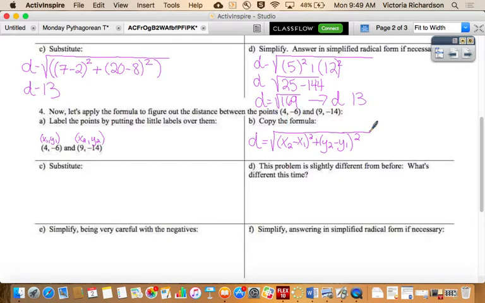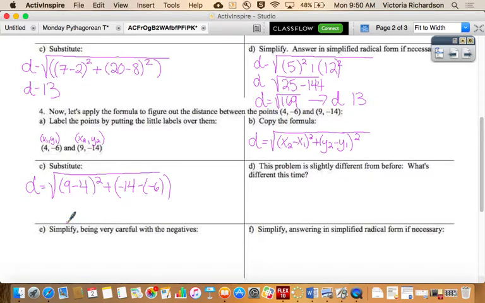So we're going to plug our numbers in or substitute. So D is equal to the square root. X2 is 9 minus x1 is 4 squared plus y2 is negative 14 minus y1 is negative 6. Now it says this problem is slightly different from before.